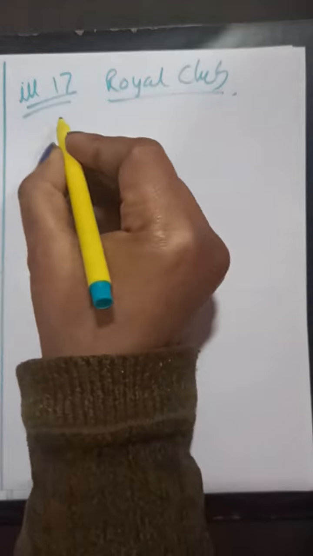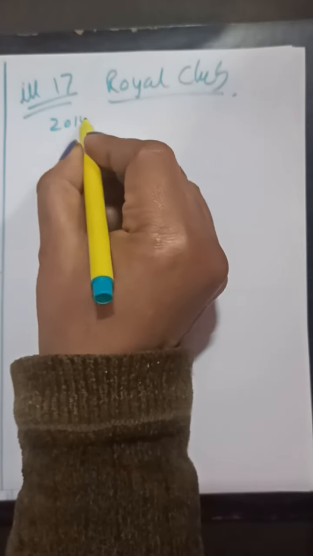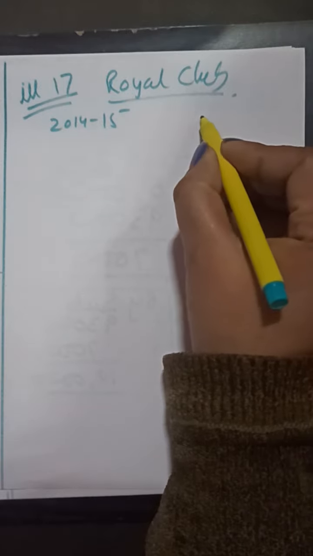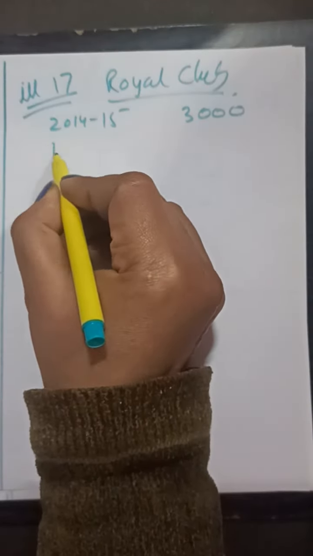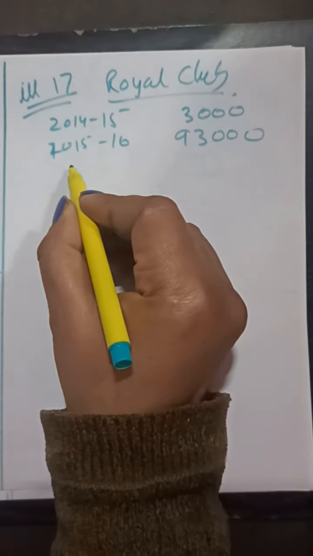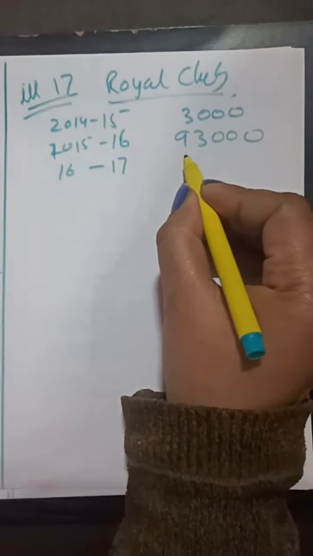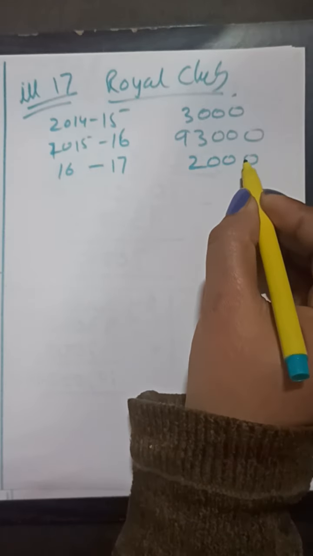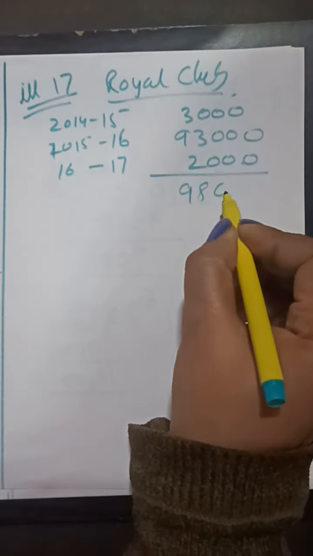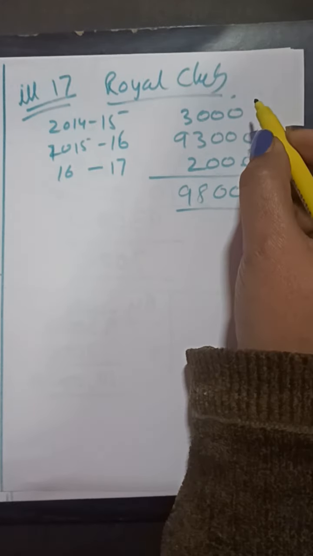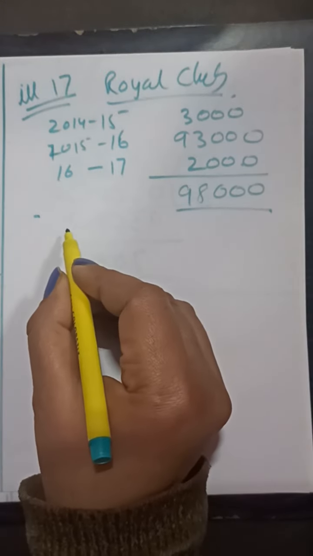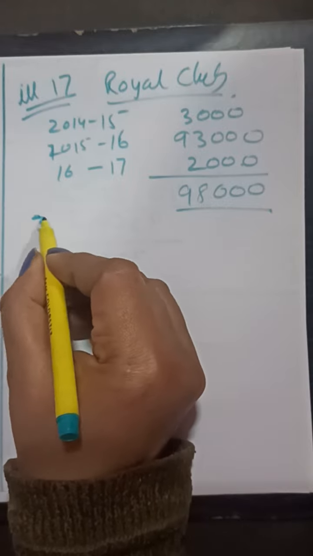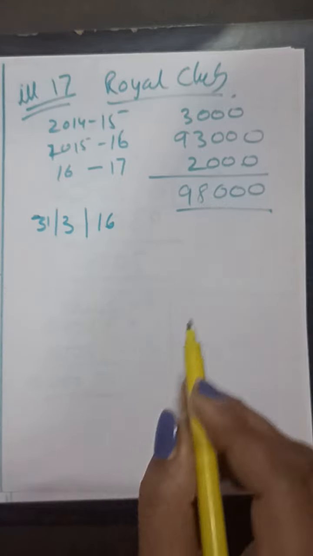The question reads that in the year 2014 and 15, it is rupees 3,000. 2015 and 16, rupees 93,000, and 16 and 17 is rupees 2,000. Total 98,000. And we also always take into consideration the first thing that we read, the details that have been given. The question is given for the year ended 31st March 2016 for Royal Club.